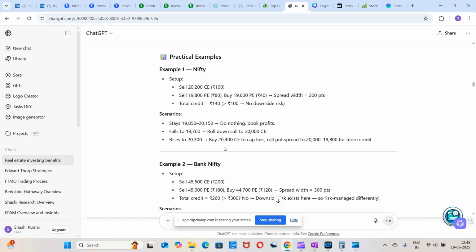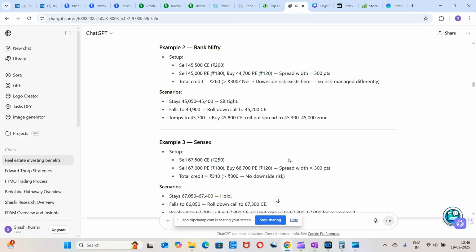Then you can change your view and just buy the 20,400 to cap losses, or roll the put spread from 19,800 P to 20,000 P. Or you take a bullish trade: cut this position and just buy a call, or deploy a bull call spread, bull put spread, or any bullish strategy.